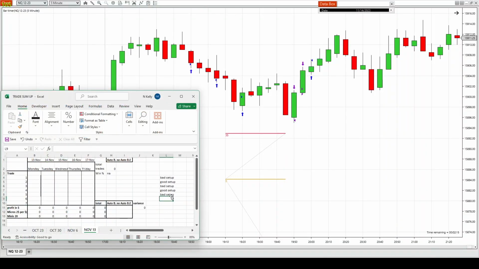So then on trade number, what is this? 6. So trade number 6 or 7, whichever one. Again, bad setup. This is also another bad setup too, because number one, I stacked into this position 3 times.